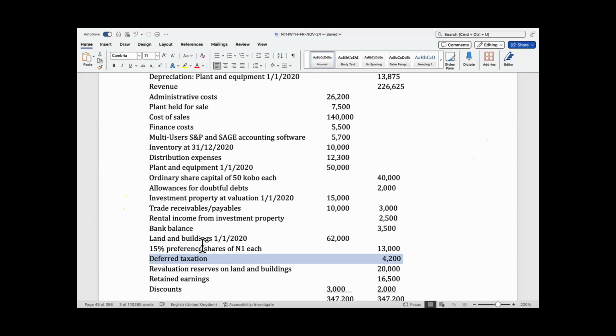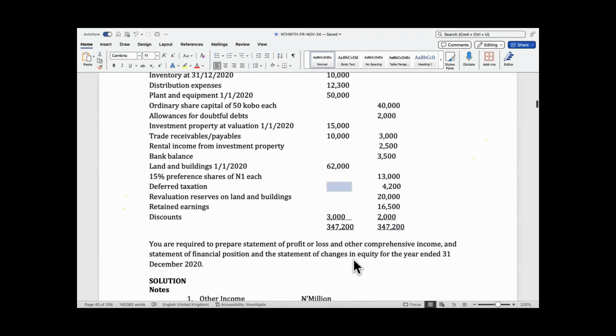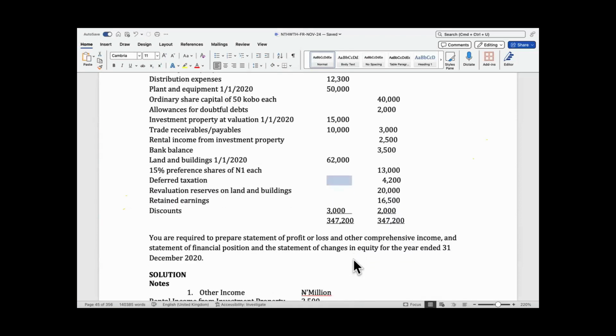The one you are seeing in the trial balance is the opening deferred tax. So this is an opening deferred tax liability. If it were on the debit, it would have been an opening deferred tax asset.